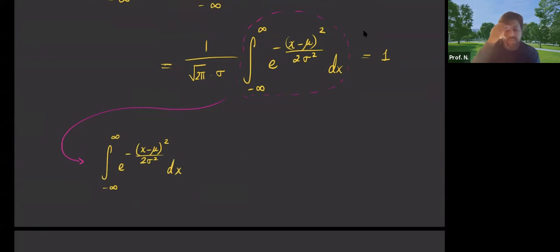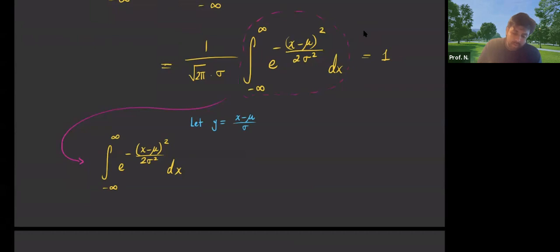A lot of this stuff will require some algebraic manipulation and a little bit higher techniques in integration. So let y be x minus mu over sigma for now, okay?